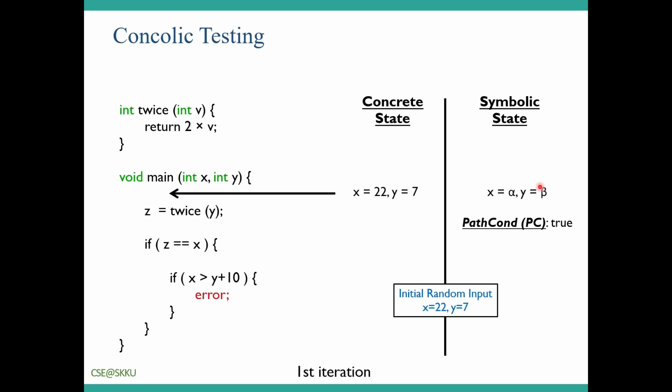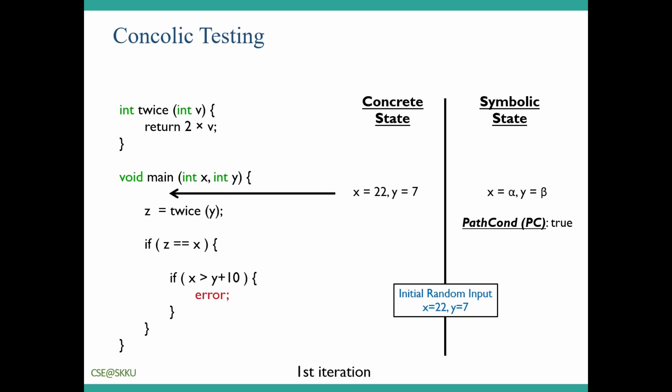And the path condition is the logical symbolic branch condition representing the decisions made at each branch. So let's take this example input: x is 22 and y is 7. We initialize the concrete state, x is 22 and y is 7, and the symbolic state, x is alpha and y is beta. And the path condition is true since no branches have been taken yet.